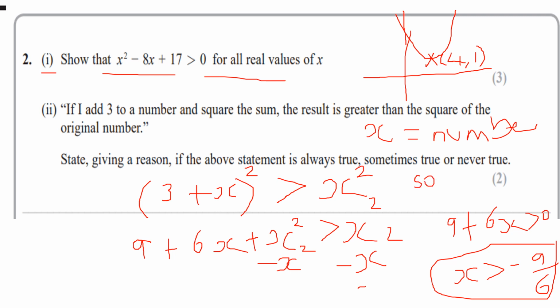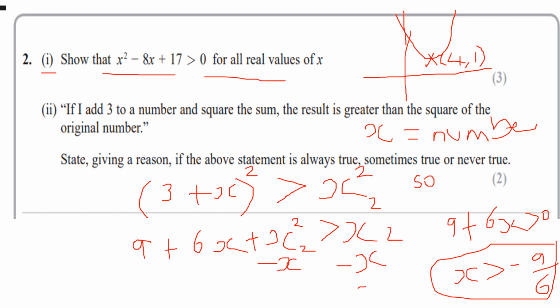Initially you might be thinking, well, hang on a second, if I add 3 to a number and then square it, that will always be bigger than the number squared. Well, let's say x was equal to, I don't know, minus 5, or minus 2, let's say.